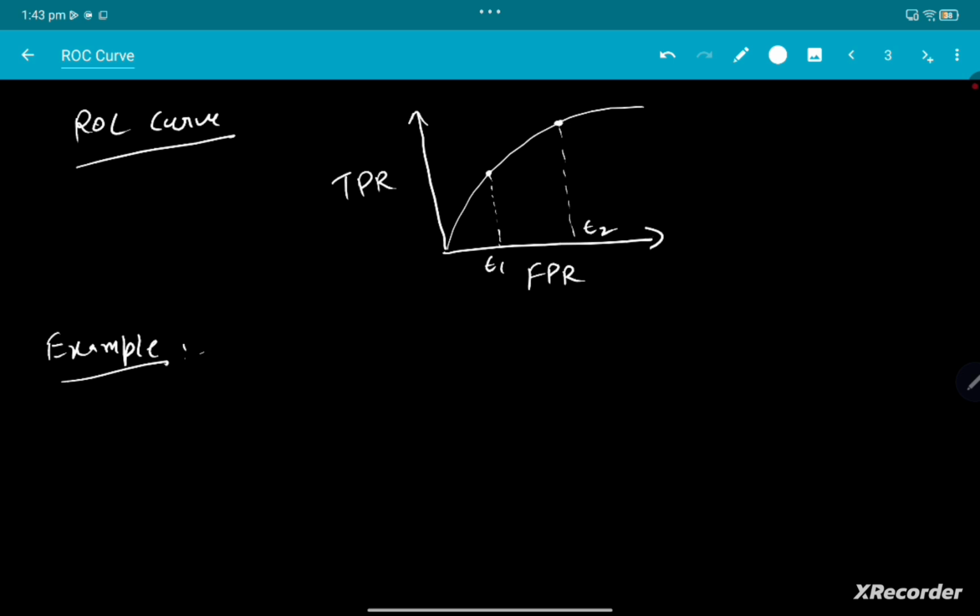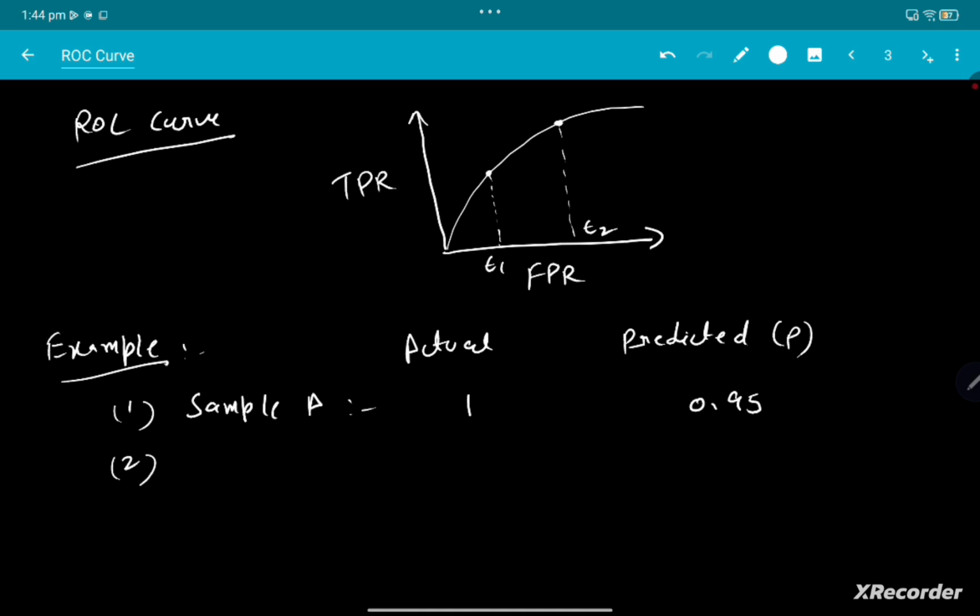Let us consider sample A, which is actually positive, and the predicted value is, let's say, 0.95. This is actual.